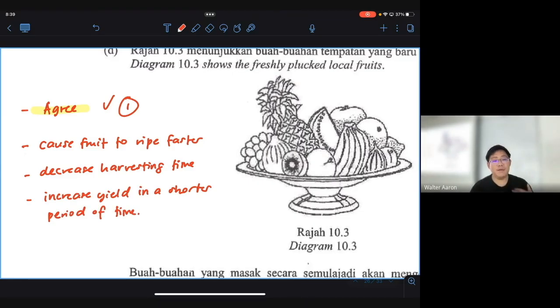So these are all advantages or justification of why we agree to use artificial ethene.